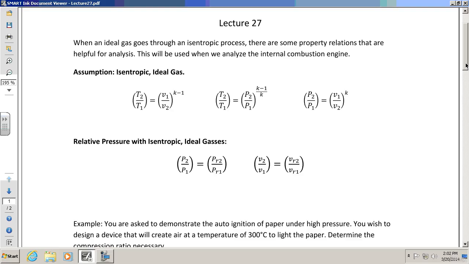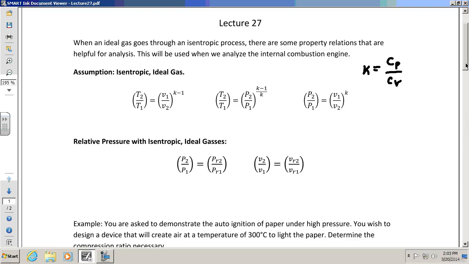One thing to recall, though, is K here is what we call the specific heat ratio. It's C sub P over C sub V. And that's a good reminder because if you see those K's in the equations on your equation sheet, you go, oh, that has to be only for gases. Because there's really no such thing as a K for liquids and solids.